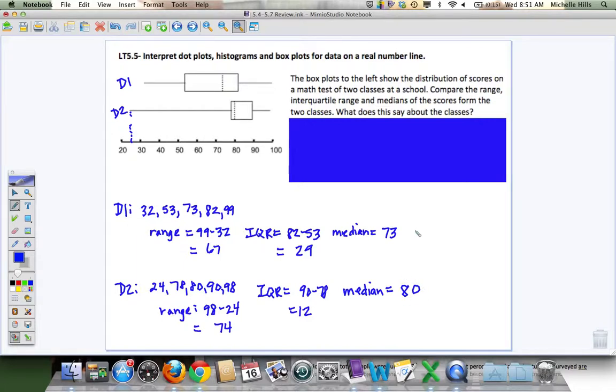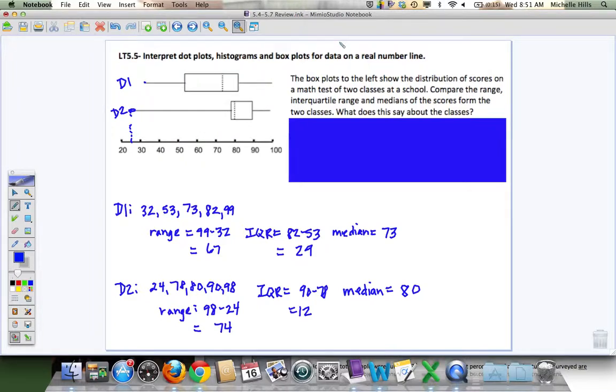Now, while the maximum for the first one looks like it's just 1 point past the second one, and while someone scored lower on this test, the lowest score in the D2 class is lower than the D1 class. In general, the scores for the D2 class are higher.